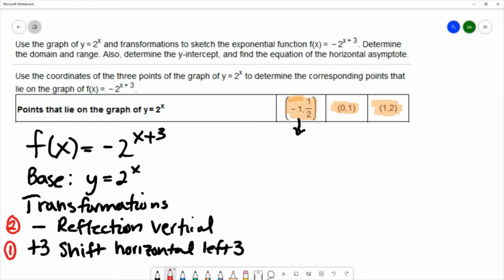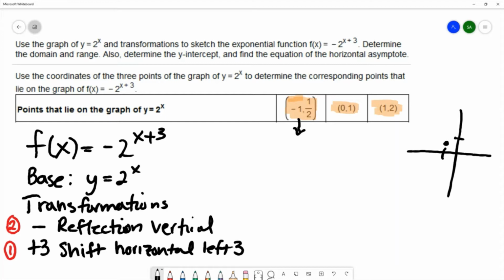Sometimes it's helpful to imagine this on the grid itself. So if we have the ordered pair negative 1, 1/2, negative 1 and 1/2 would be about right here. And we want to do the transformation of shifting that ordered pair left 3 units.